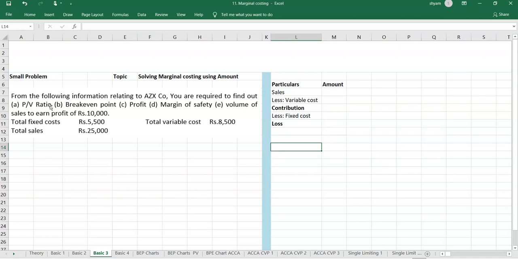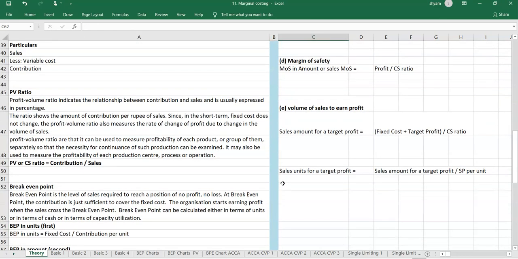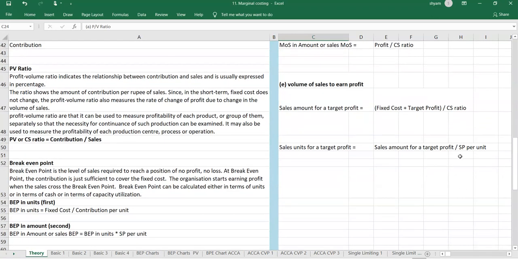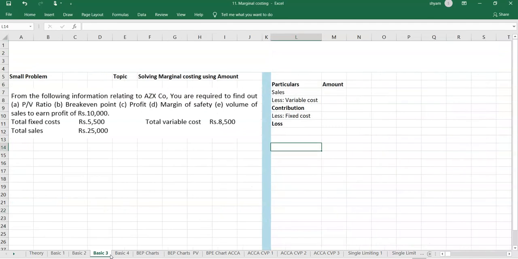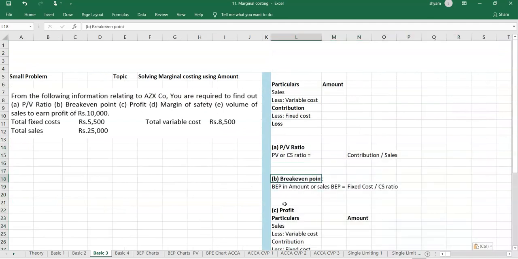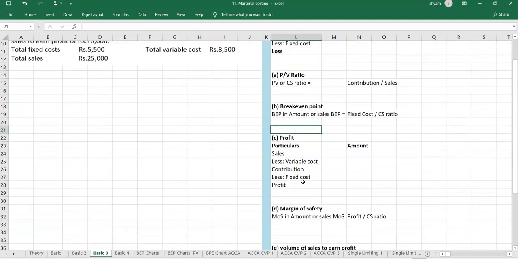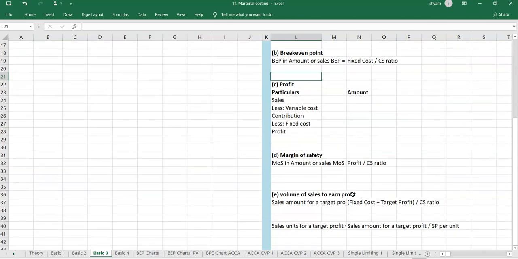You want PV ratio, break-even point, profit, MOS, and volume of sales to earn a profit.